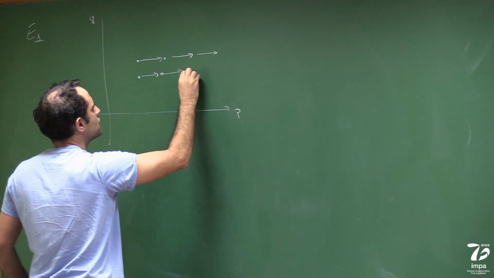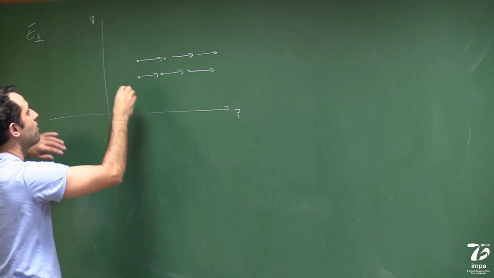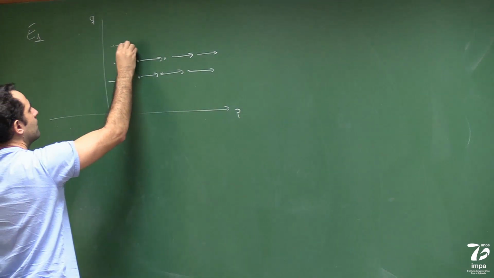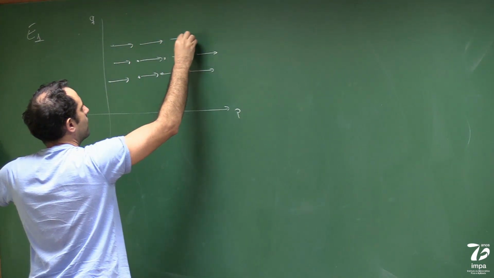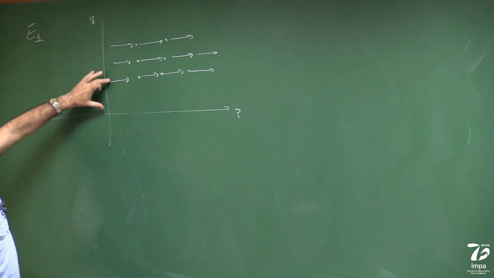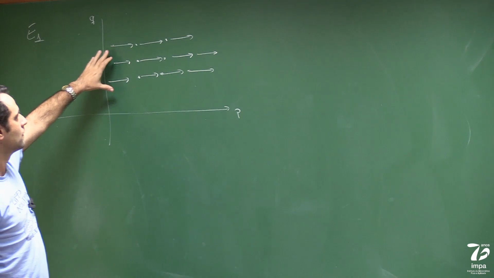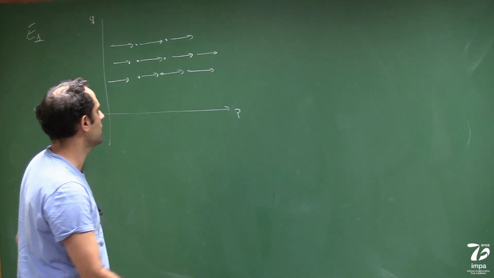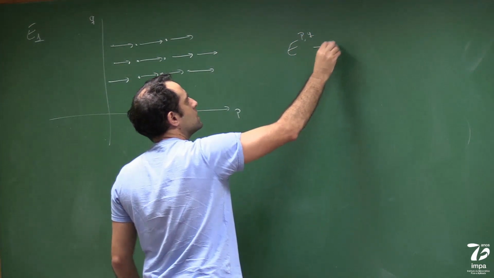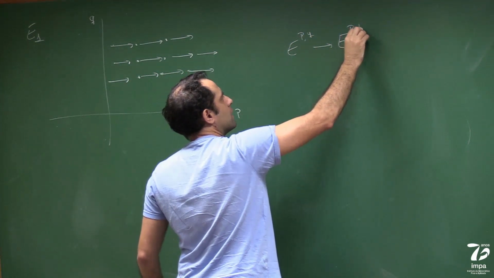So what I have is just a collection of complexes, which are these horizontal complexes. These are completely unrelated complexes in principle. So here E^{P,Q} goes to E^{P+1,Q}.